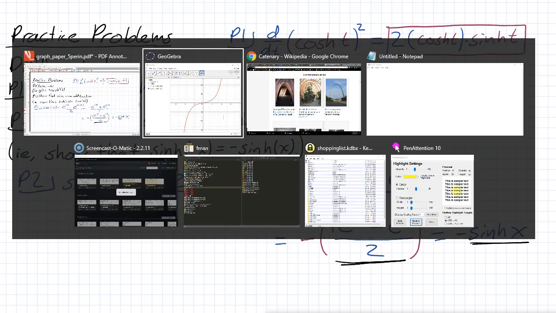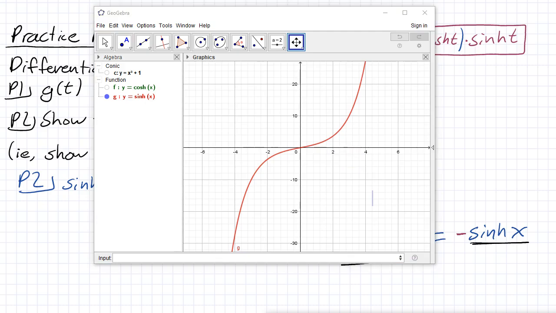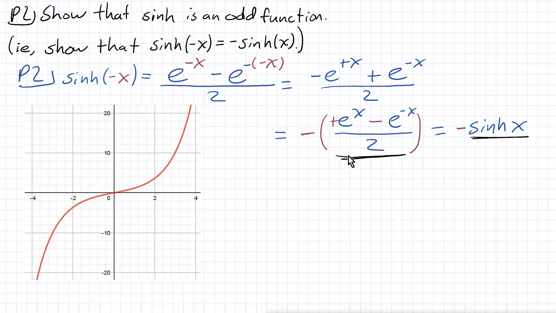And you can actually see that with the graph, if you know what the graph of an odd function looks like. This orange or red one here is a graph of y equals sinh of x, and it has that kind of symmetry where if you plug in a value of x over here, let's say something like 3, then you get this y coordinate result up here.